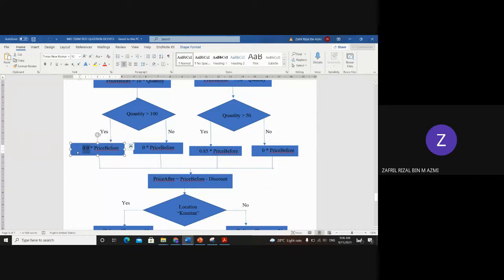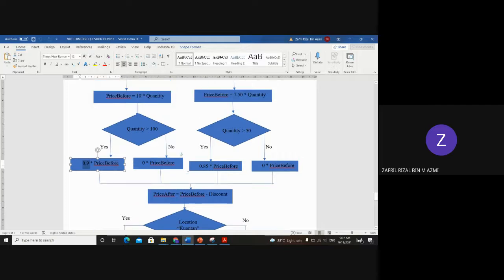Price after equals 0.1 multiply price before, and then what is the discount? This is to calculate the discount. Discount equals, then you get the value of the discount, and then you can calculate the price after discount over here. Otherwise, what is the value of the discount? You don't have it.